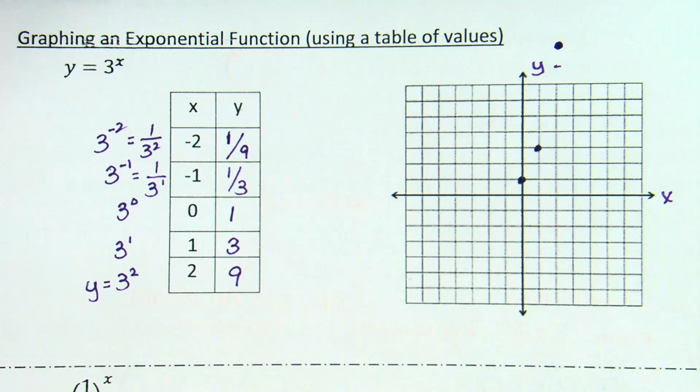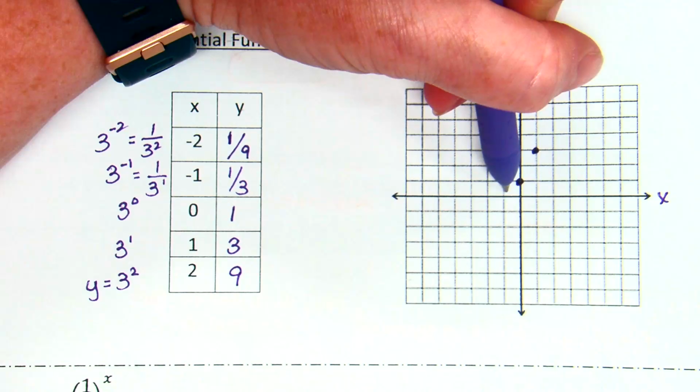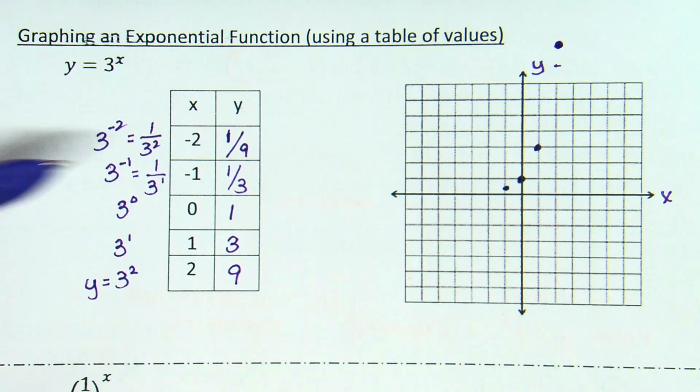Perfect. Okay. -1, 1/3. Over to the left 1, up 3. Or down 3. No. So I agree we're going to go left 1, but then it's 1/3. So that means we're going to go 1/3 of a box. That's probably where I got confused. Okay, so 1/3 just means 1/3 of a box, okay?